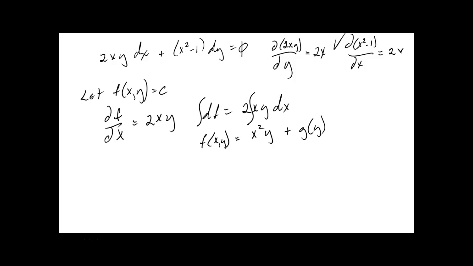Now, we're going to take the partial of this same f of x y with respect to y, and we know that's got to be your N of x y.